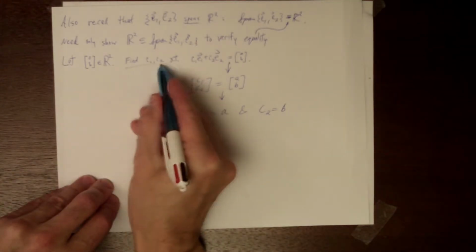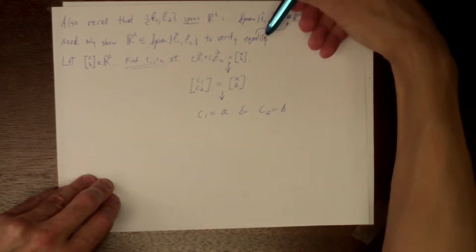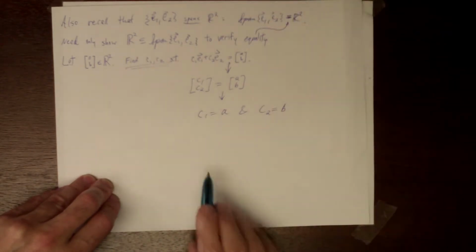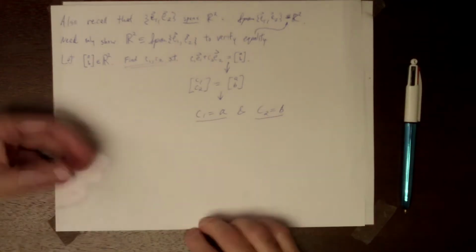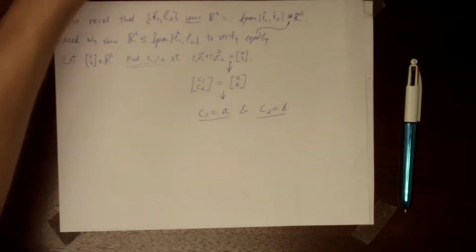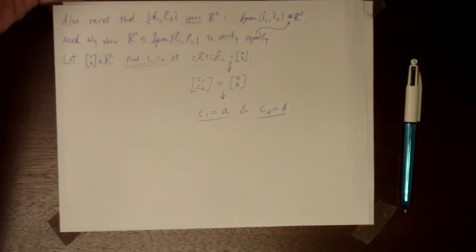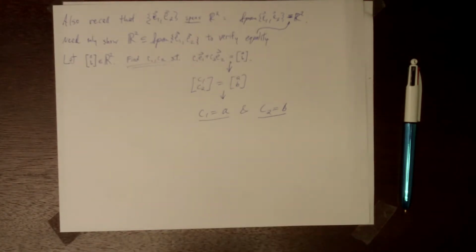So we have now found C1 and C2 such that this linear combination of E1, E2 is equal to the vector (a, b). Merely let C1 be the a and C2 be the b. So this is in fact a basis for R2. It spans R2, and E1 and E2 are also linearly independent.